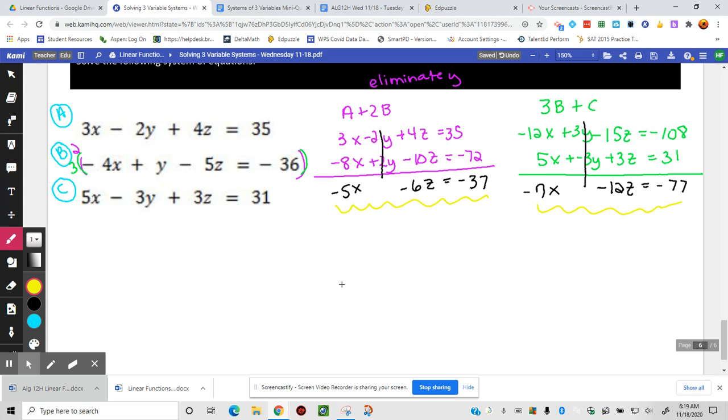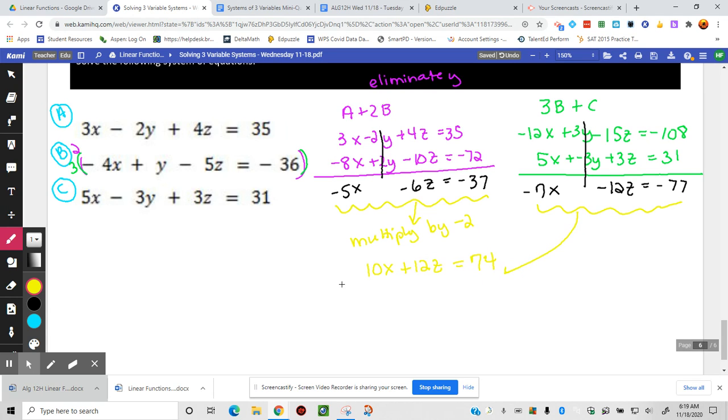Well, I would look at this right away and I would see that the z's, if I multiply this one by negative 2, I should be able to eliminate my z's. So that's what I'm going to do. I'm going to multiply everything here by negative 2. So negative 5x times negative 2 is 10x plus 12z equals 74.